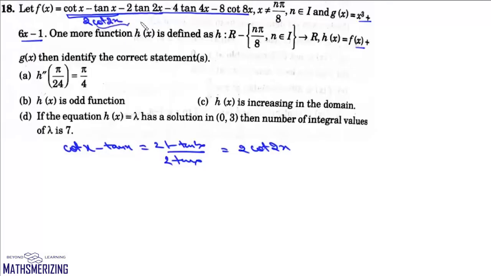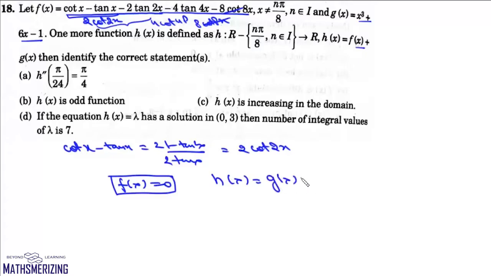Now if we again use the same fundamental, it will be 4 cot 4x and then it will be 8 cot 8x, and this 8 cot 8x will cancel. So basically this function f(x) is a constant function whose value is 0. So therefore this h(x) is simply g(x), which is x cube plus 6x minus 1.